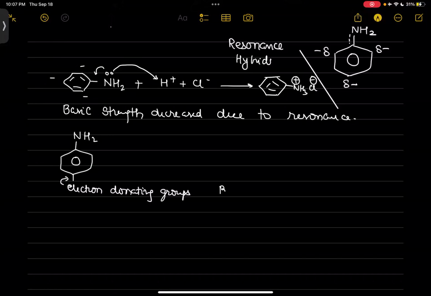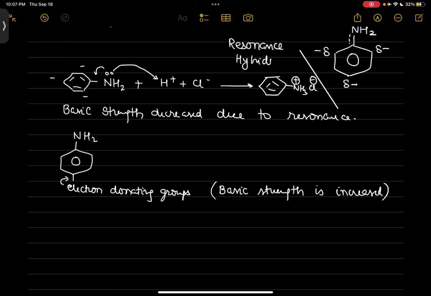The basic strength is going to go up. The basic strength is increased.